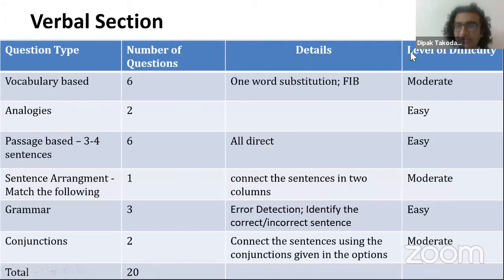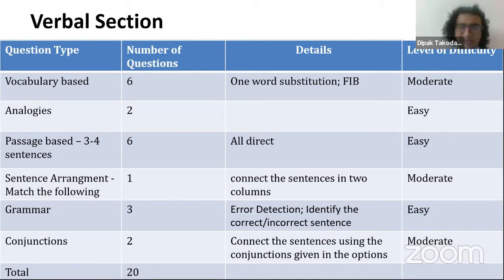Then the interesting part starts over here. There were sentence arrangement questions which were asked in the format of match the following. You're given 2 columns, a part of the sentence is in column A, another part of the sentence is in column B. You're supposed to match, suppose serial number 1 in column A matches to serial number 4 in column B. Similarly, you had 4 different entries and you had to match such 4 entries.